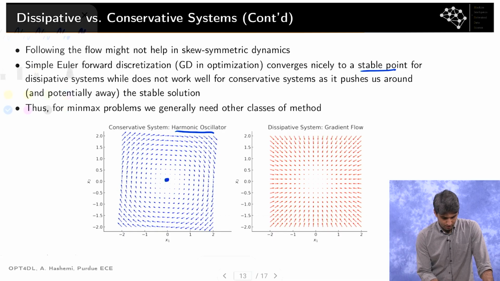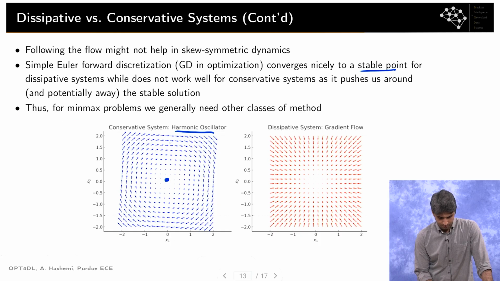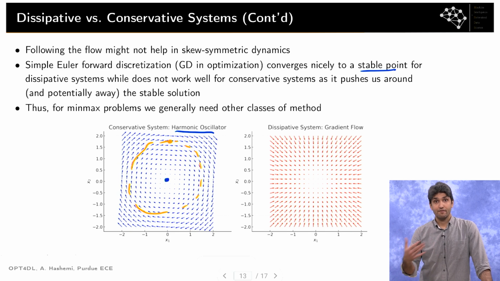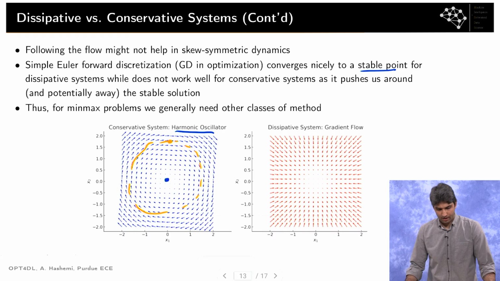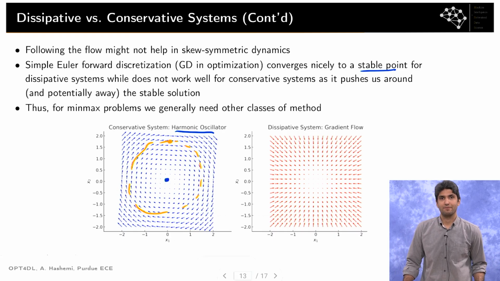If I start somewhere here in this space, by following the direction of the flow, I'm just going to rotate around the stable point. I'm not going to reach the stable point at all. In many cases, we're going to move around and away from the equilibrium, and that's due to the skew-symmetric nature of these systems.